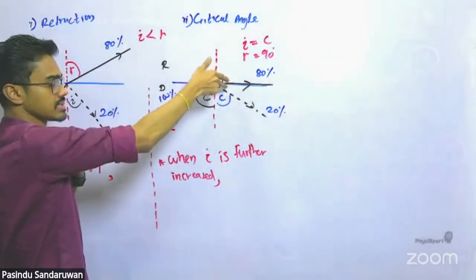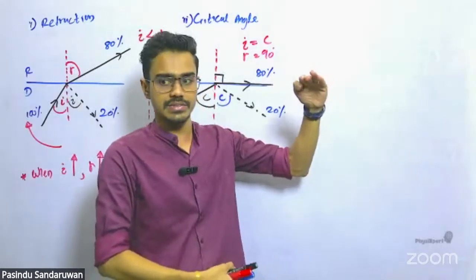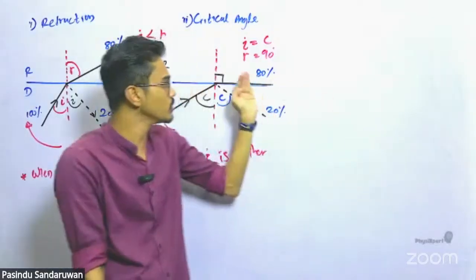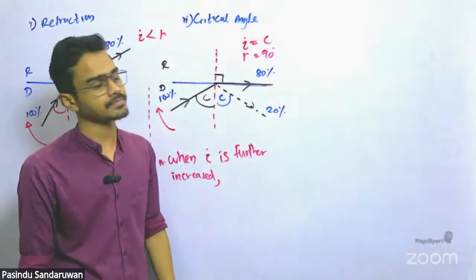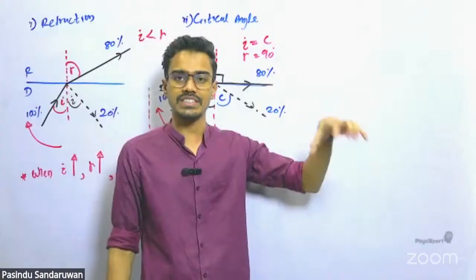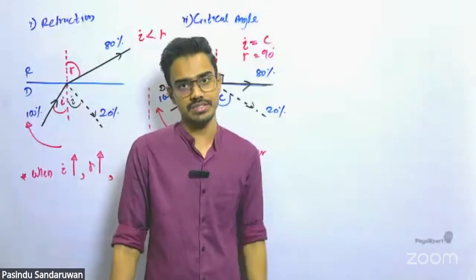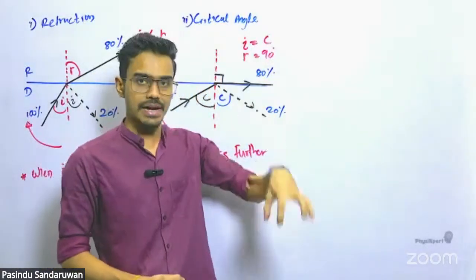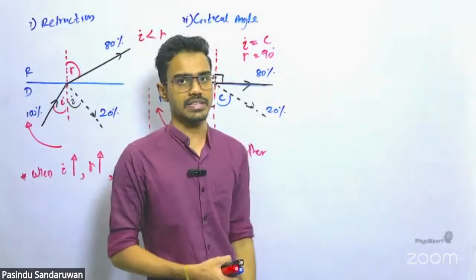But it is already at 90 and travelling along the interface. When it tries to increase further, it is going to turn back into the same medium. When it turns back to the same medium, that is not a refraction anymore, because only one medium is involved. That is a reflection. Even though there are two media, it turns back to the same medium, so it is a reflection, not a refraction.